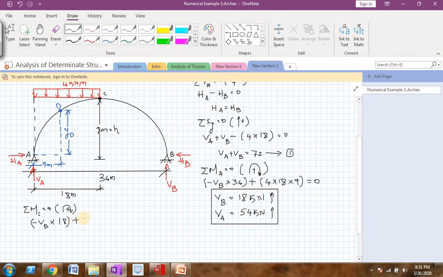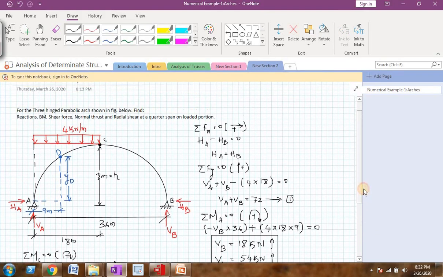So I should write it as plus HB into the perpendicular distance, which is now the rise, 8, equal to 0. So when I solve this, I know the value of VB already, and I can find the value of HB easily. It is coming out to be 40.5 kilonewtons, and I know that HA is equal to HB, so HA and HB are equal.